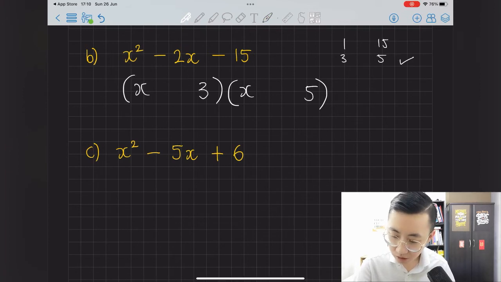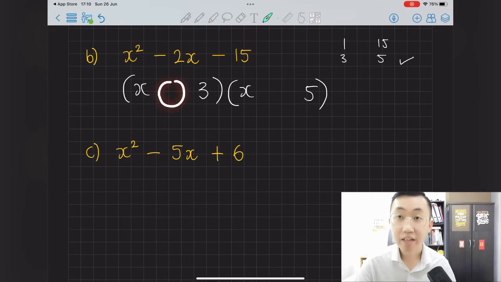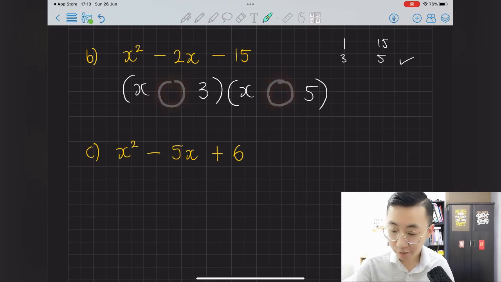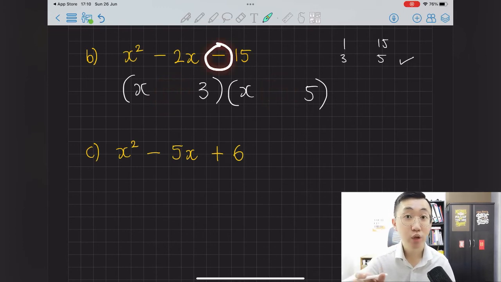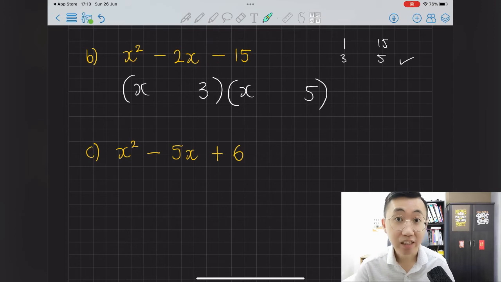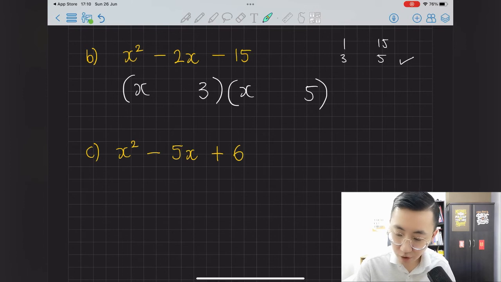To do this question, I have to know what the operation is in the middle. To get a negative, it is actually between a positive and a negative only, since positive times negative will give you negative. So which one will be the negative one? Very simple, you look at the middle clue.